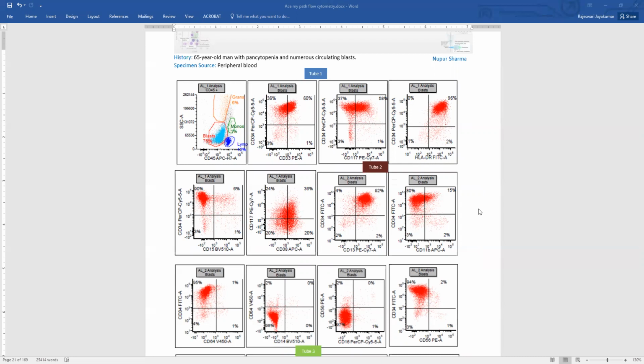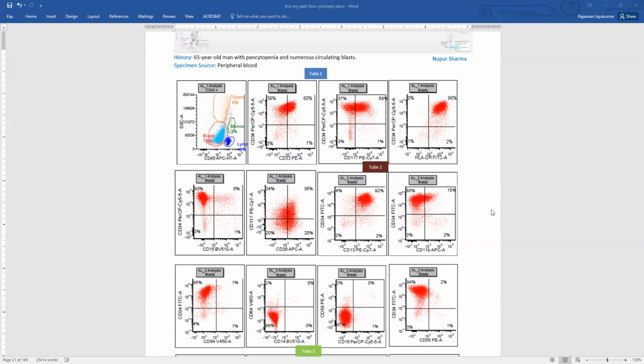acute myeloid leukemia. Now, coming to the report, when you report in flow cytometry, you will usually see a top line that says what the diagnosis is in many scenarios. In some cases where flow cytometry is not the ideal modality to arrive at the final diagnosis, it will be more of a descriptive top line.